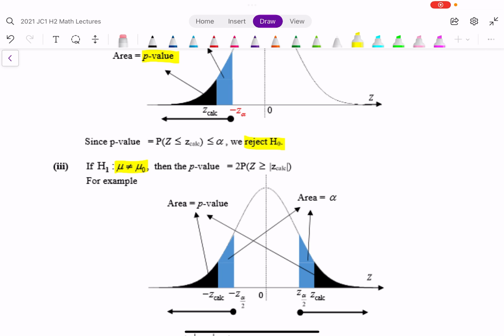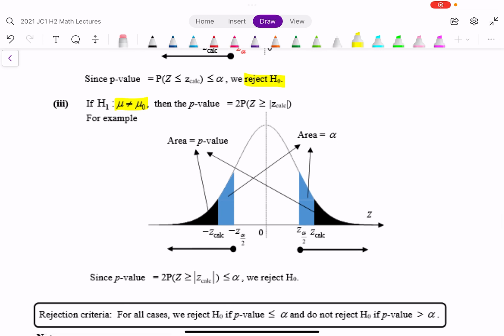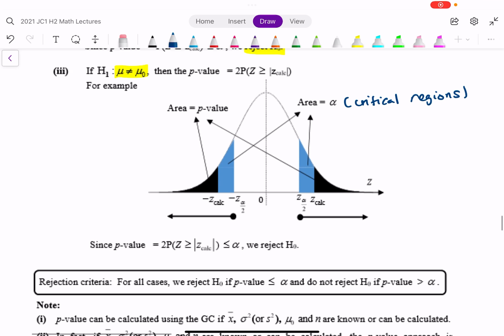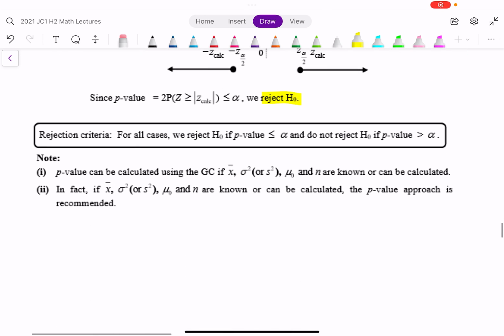The blue regions are your critical regions, and the black regions are the p-value that you have obtained based on the test statistic. Again, as you can see from the diagram, if your p-value lies in the critical region, clearly we will reject H0.